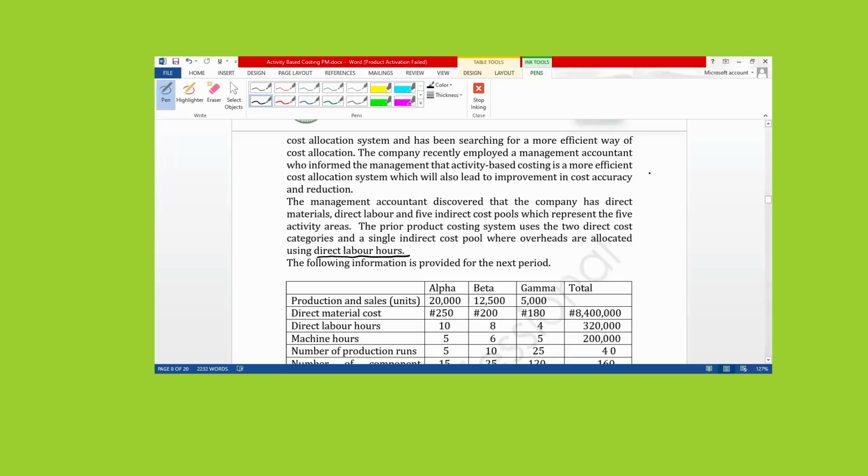Under the product costing system, overhead will be allocated using direct labor hour. In that case, you are going to calculate overhead absorption rates.